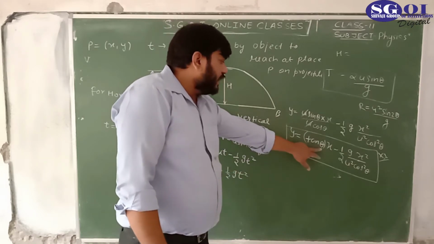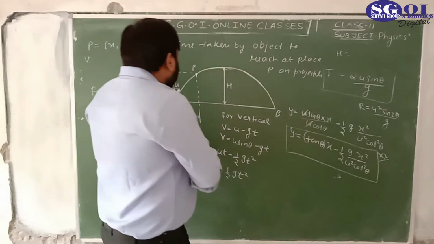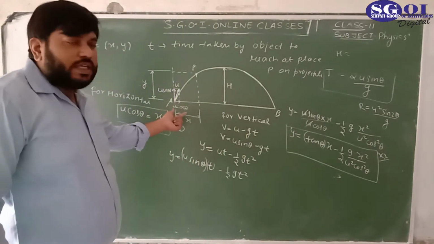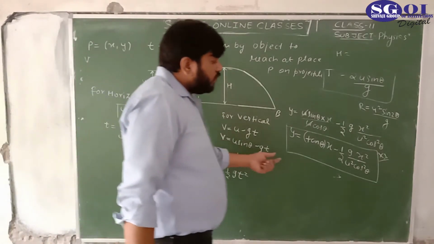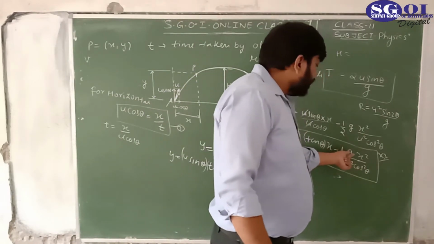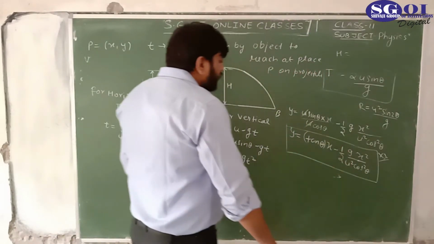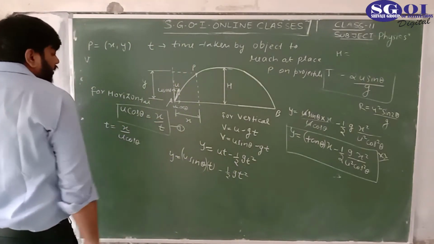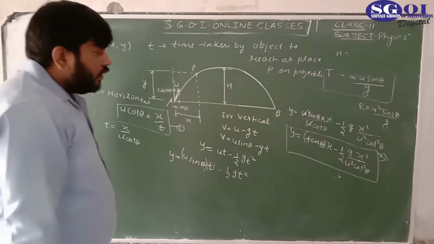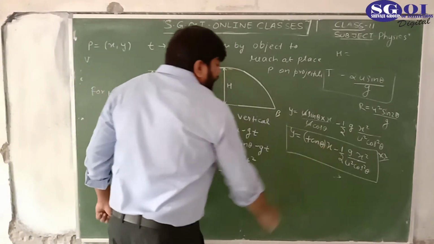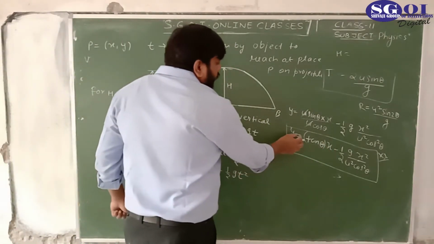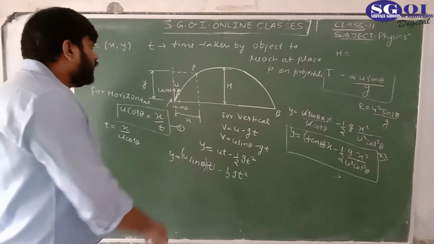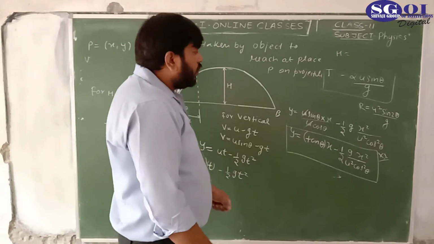If we are given theta and the initial velocity u at any particular point, then u cos theta is a known value for us, g is constant, u is constant, and from this equation u cos theta equal to x by t. If the x coordinate we have found, then from this equation we could also find the y coordinate, the vertical distance covered by the object.